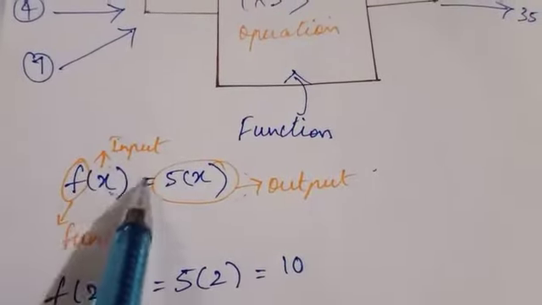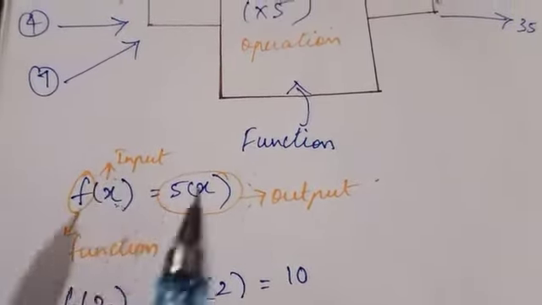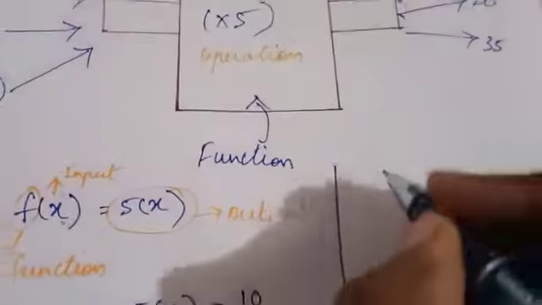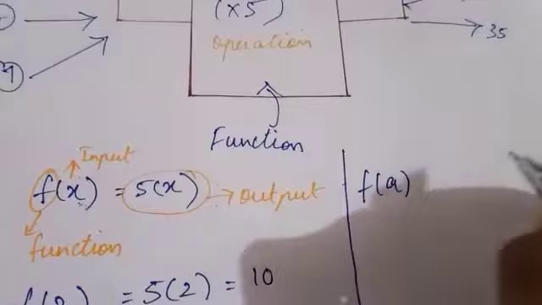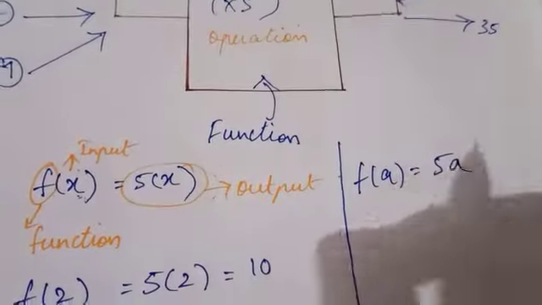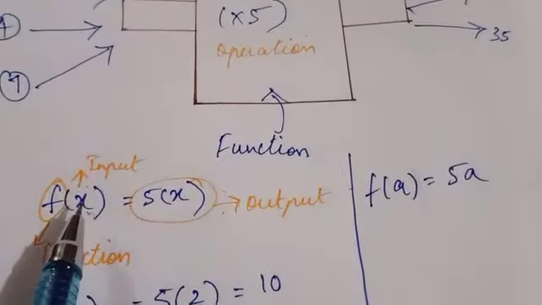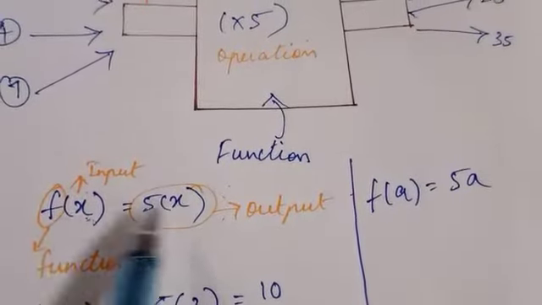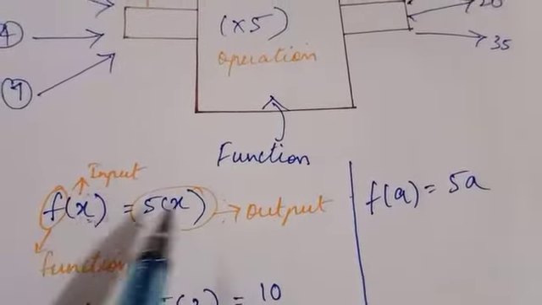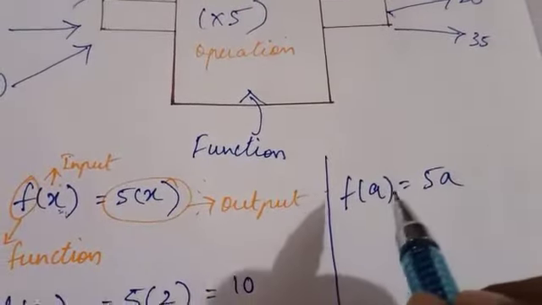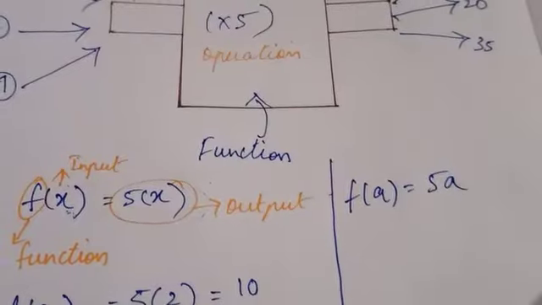Does it have to be x? No. It can even be a. That is, f of a is equal to 5a. We can choose any variable as the input. It can be a, b or c or anything.